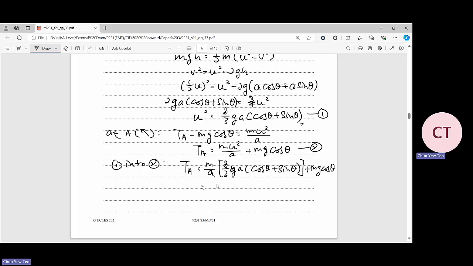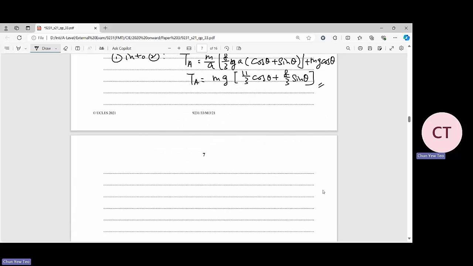So if you expand and simplify, you can factorize the mg out, then you get 11 over 3 cos theta plus x over 3 sin theta. So the TA, we can just leave it over here at the moment.